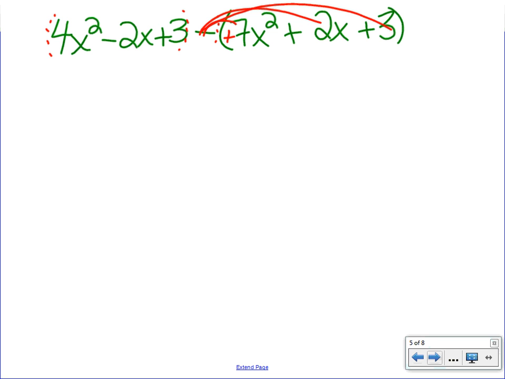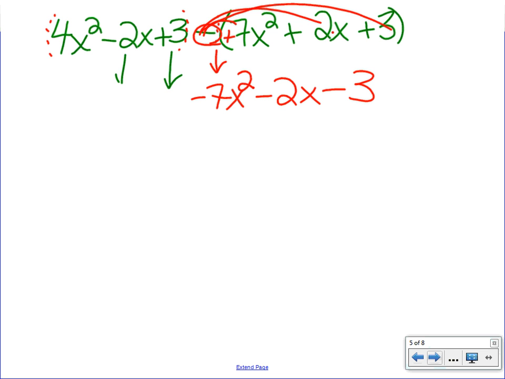So this comes down as a negative 7x squared. Going to the next one, my -1 multiplying by my 2x is going to give me a negative 2x. My negative multiplying again by a positive is going to give me a negative 3. I'm just going to write the expression before. They come down, 4x squared minus 2x plus 3.